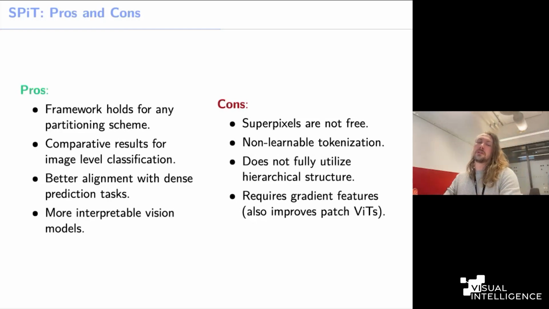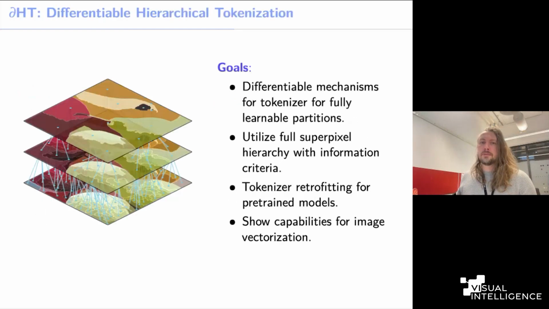Also, these superpixel tokenized ViTs require gradient features. These gradient features are almost required to get enough texture information to do the same as a standard ViT. But these gradient features also improve the patch-based ViTs. So, to follow up on that work, we wanted to implement some differentiable mechanisms into the existing framework.